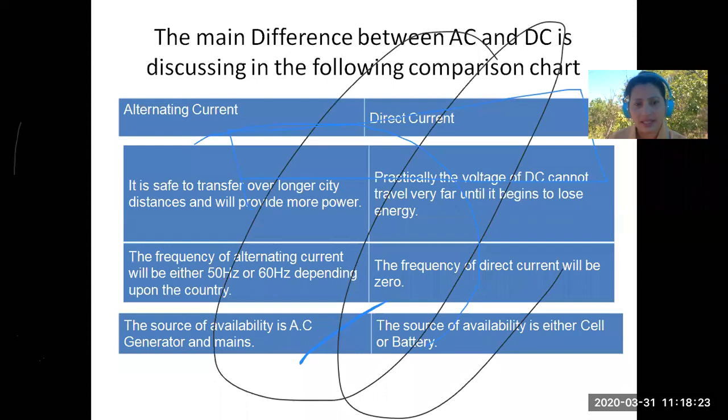The frequency of alternating current is 50 to 60 hertz, whereas the frequency of direct current is 0 because it is not a waveform. Only for a waveform do you get frequency. And the sources for alternating current are the AC generator and mains, whereas for direct current, a cell or battery. Cell means dry cell.